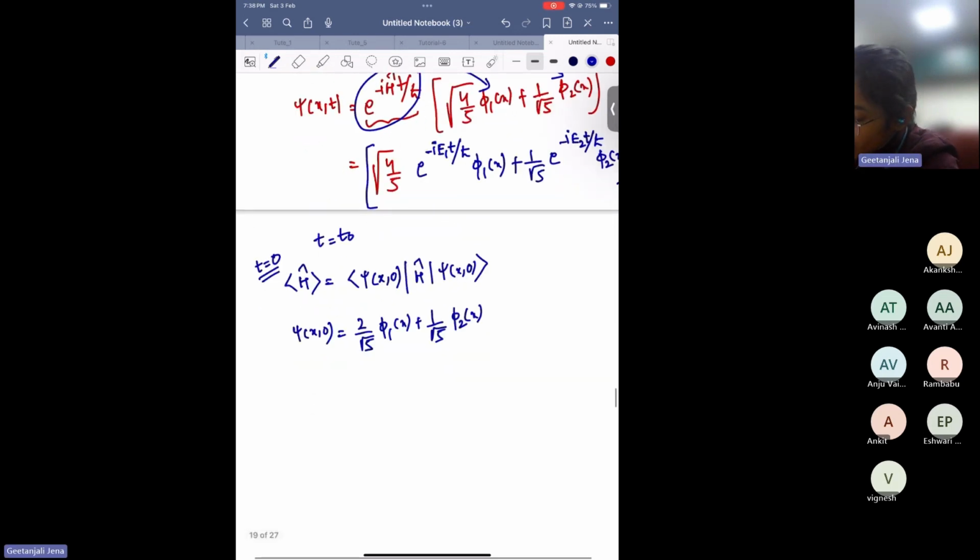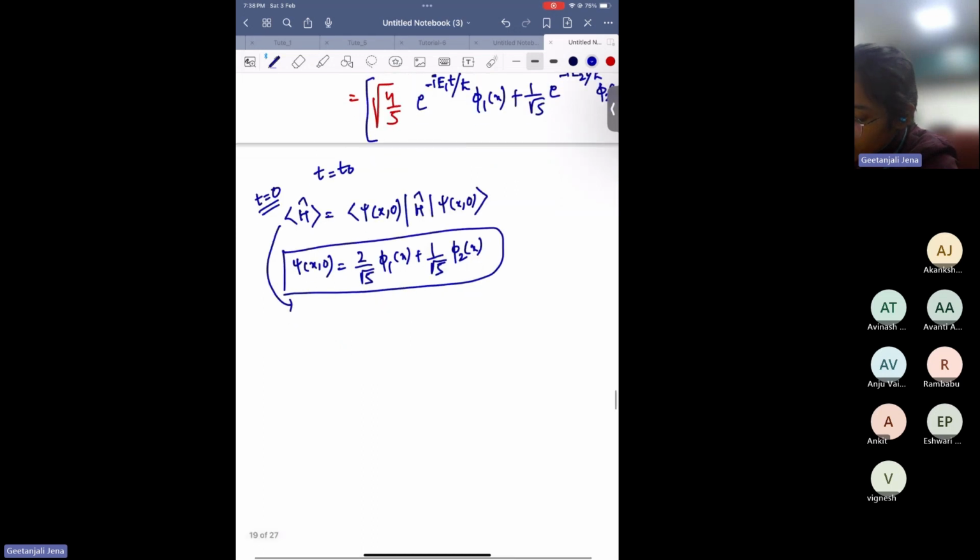Now you have to put this expression in the expectation value. Let's solve it in the bracket notation.